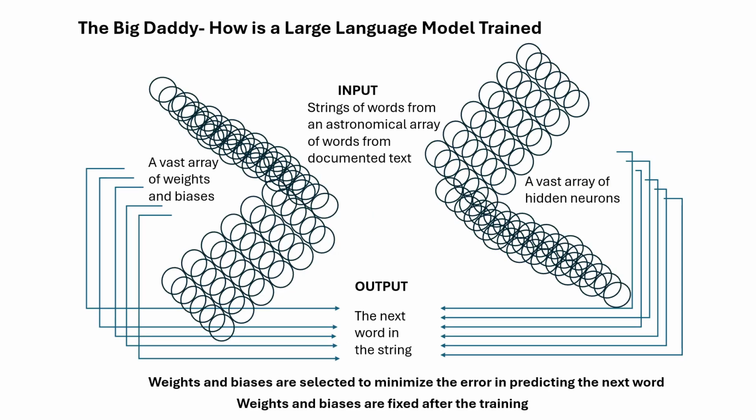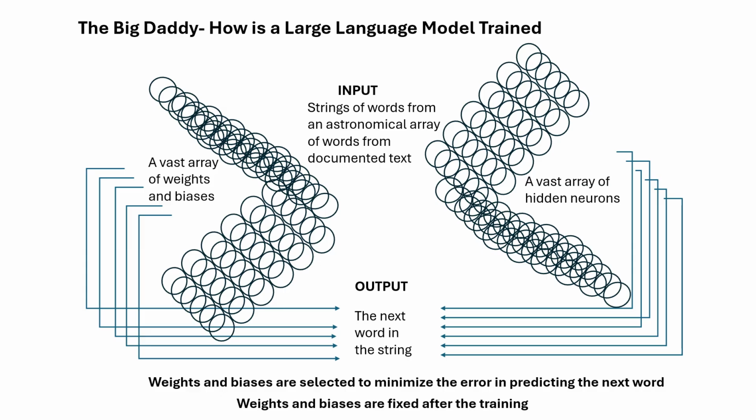So the Big Daddy with a large language model, the input is strings of words from an astronomical array of words from documented text. And we have a vast array of weights and biases and a vast array of hidden neurons, and we adjust those weights and biases so that the next word in the string matches what the documented text contains for that next word. And the weights and biases are selected to minimize the error in predicting the next word.